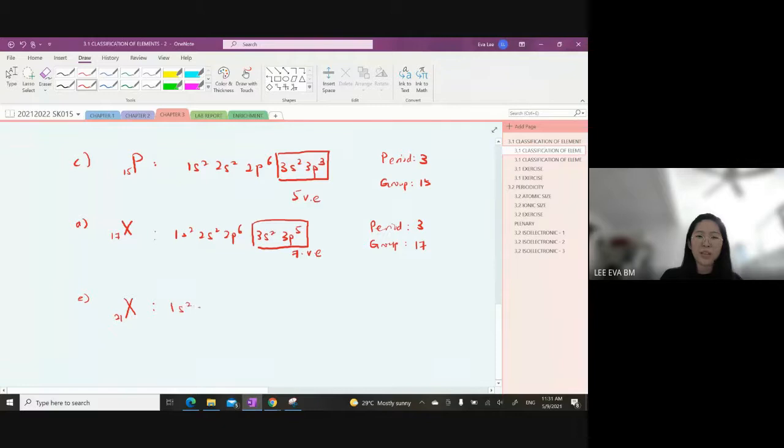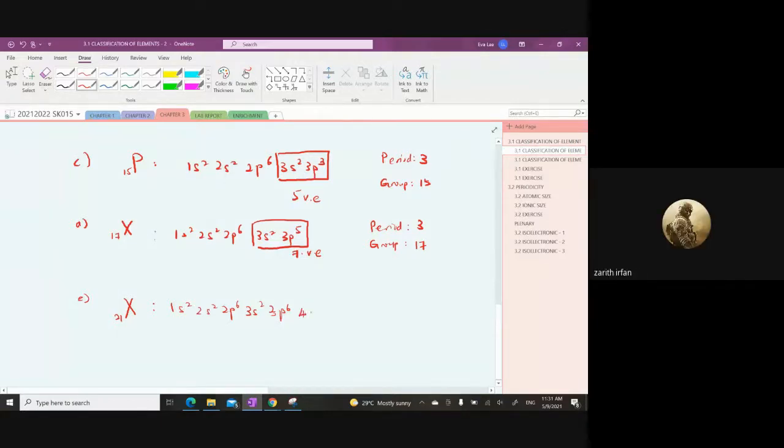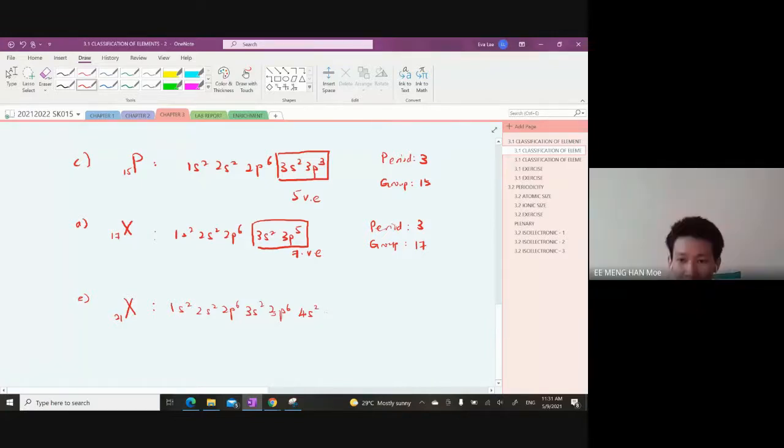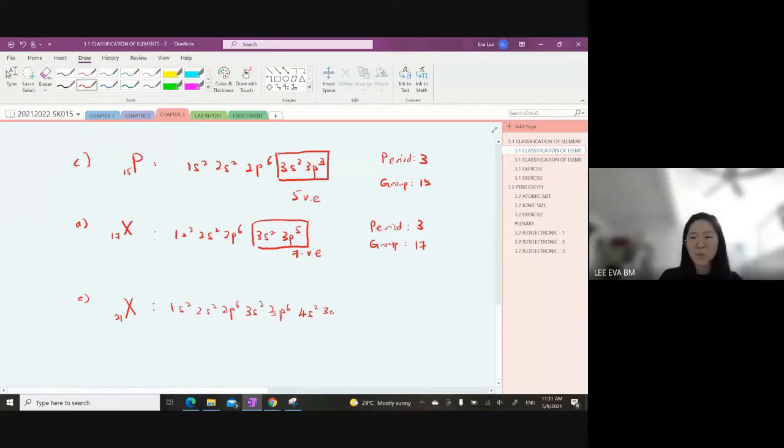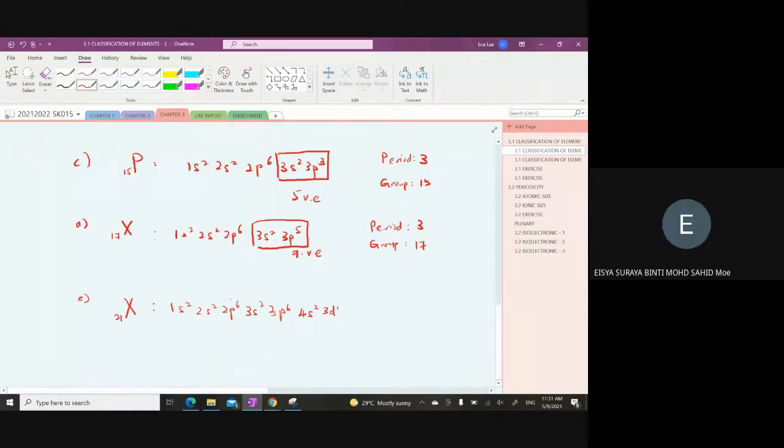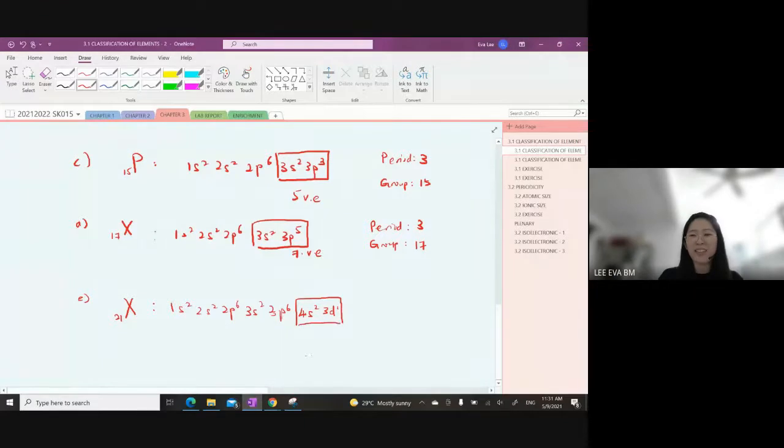So we have 1s2, 2s2, 2p6, 3s2, 3p6, and then 4s2 and 3d1. Okay, now tell me which one is the valence electronic configuration. 4s2, 3d1. Okay, this is your valence electronic configuration.